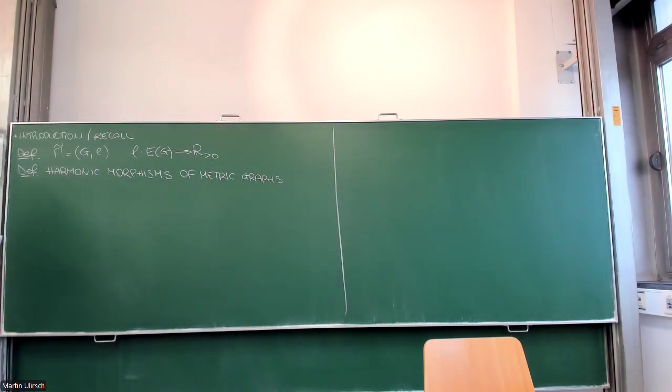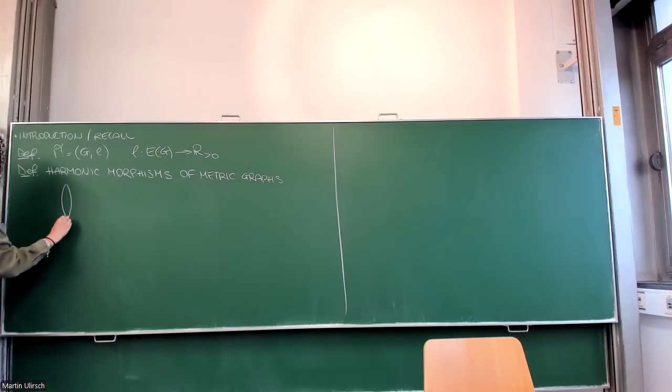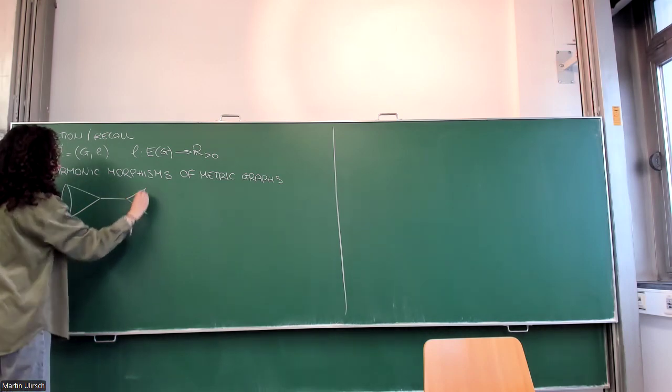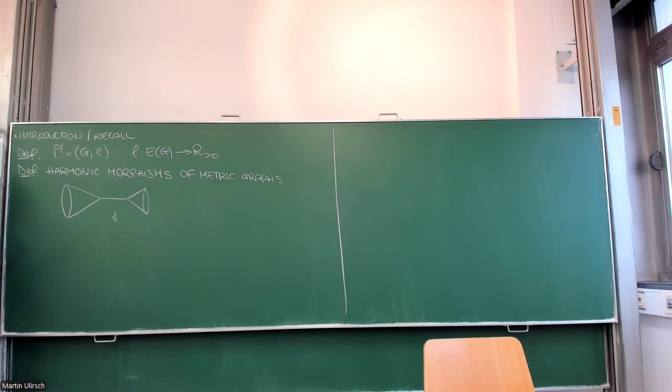I will start with an example. For instance, suppose you have this graph. In order to have a metric graph, we have to assign lengths to the edges.